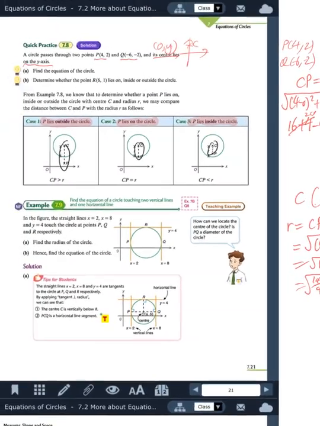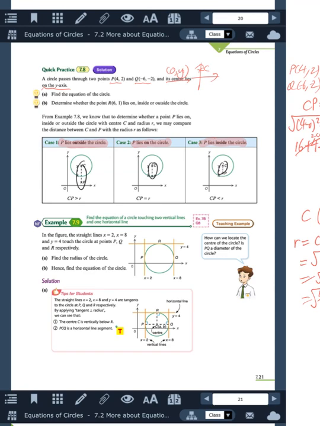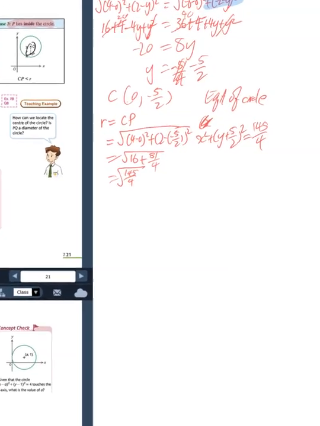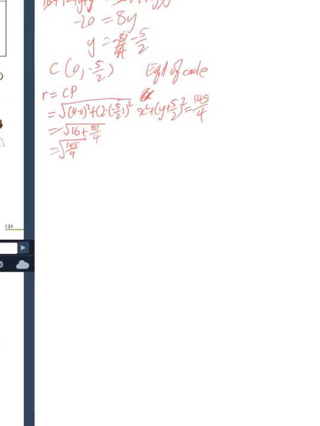Alright, and then part B asks you to determine whether the point R (6, 1) lies inside or outside the circle. Therefore, what you need to do is to check the distance between C and R by distance formula.